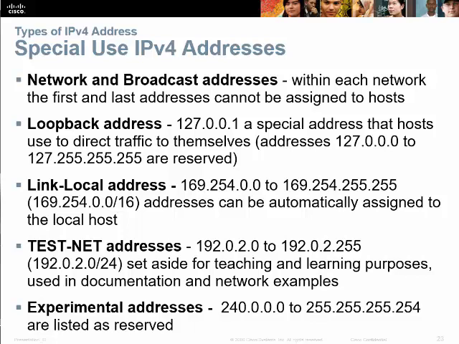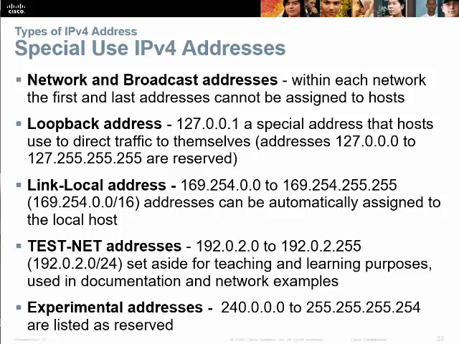You can also type localhost in your browser and access this. It's a special address that hosts use to direct traffic to themselves. For instance, if I have a site that I'm developing and I want to view the site on my system, I can use this address to do that.